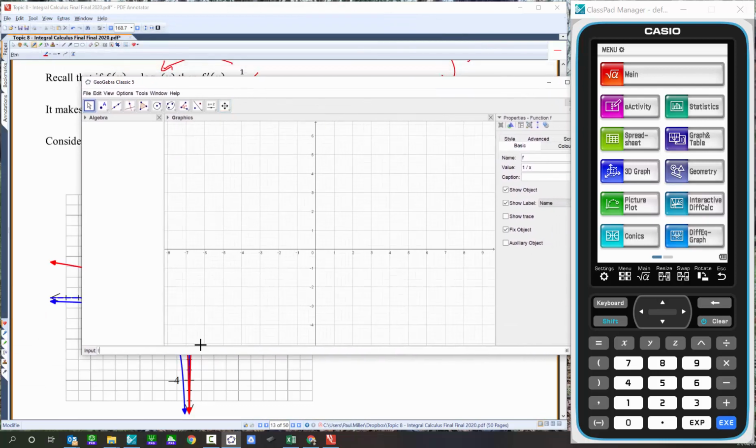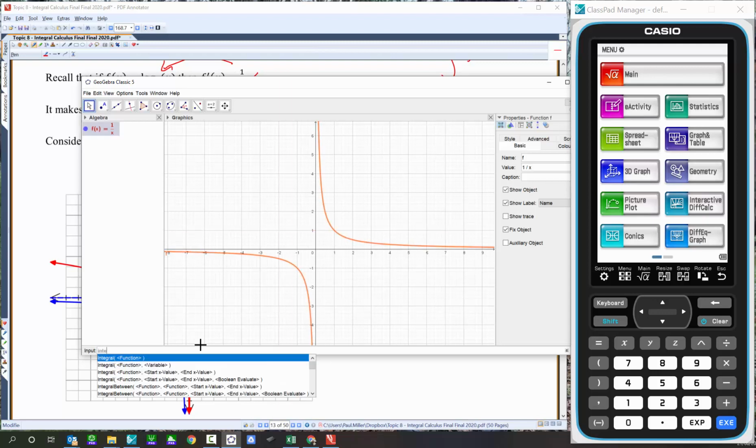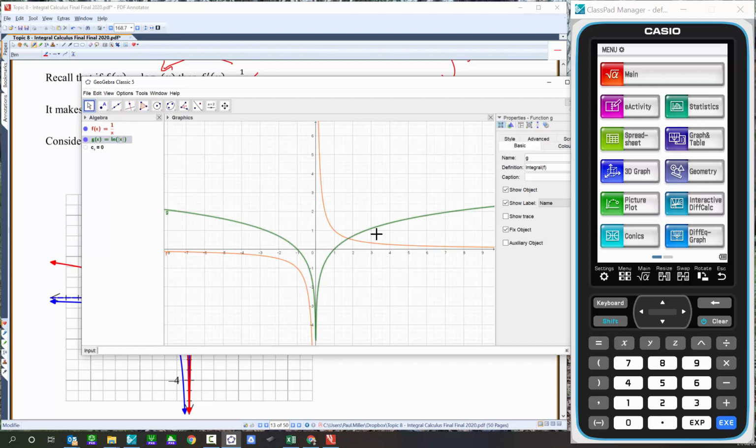So my original function is f of x equals 1 on x, and I integrate that. Notice what I get is a log here on this side, and also like this side.